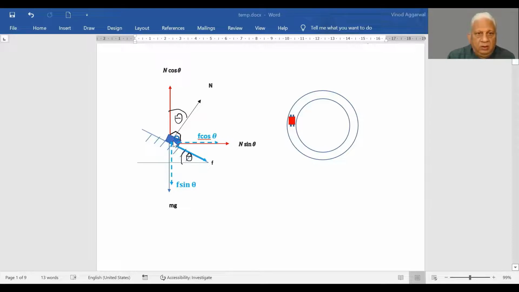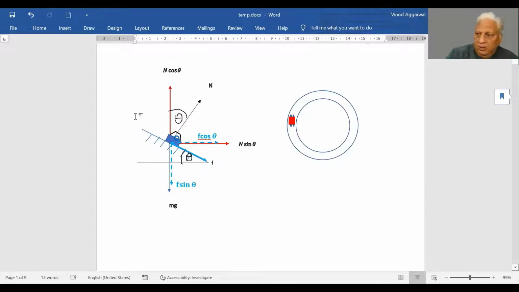Okay. Now, since this is the road, there is a normal force which will be acting perpendicular to the road, perpendicular to the surface. When this is rotating with a high speed, the centrifugal force will tend to push the car outwards.